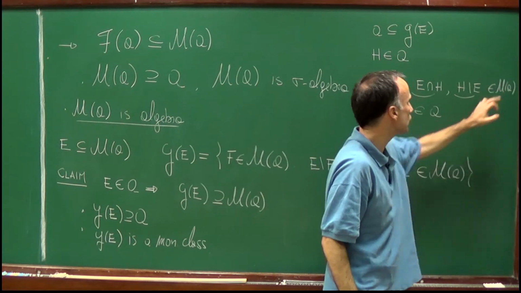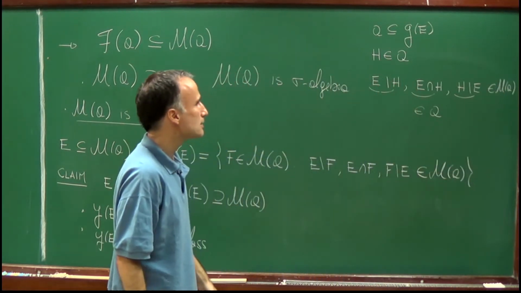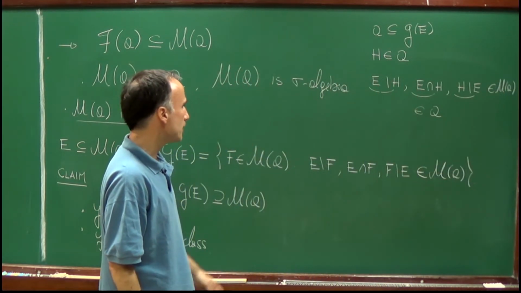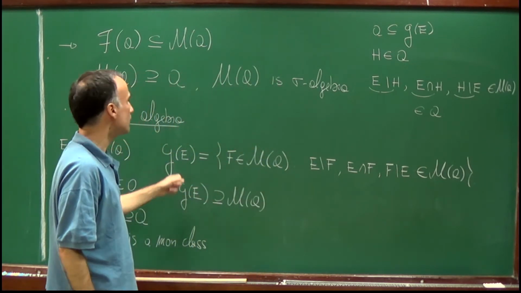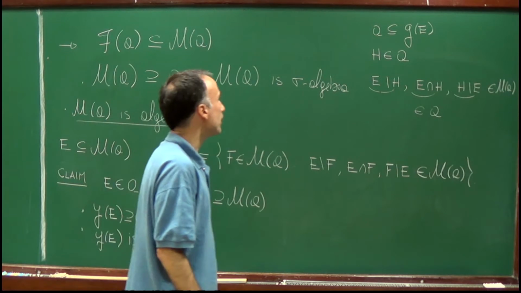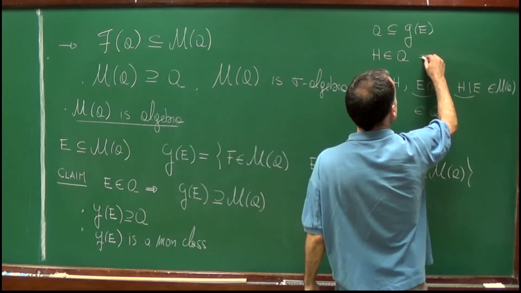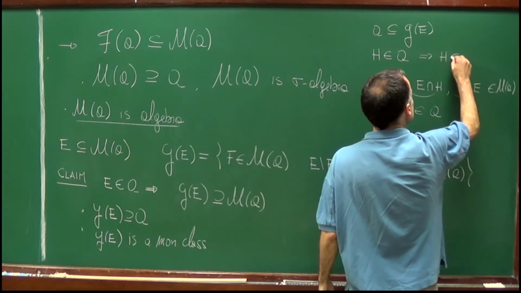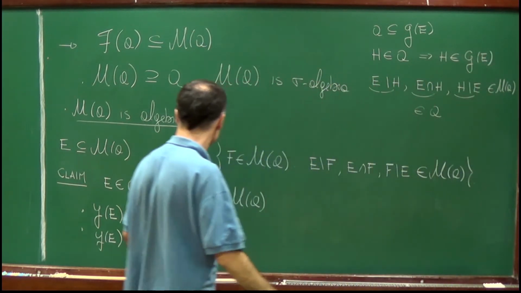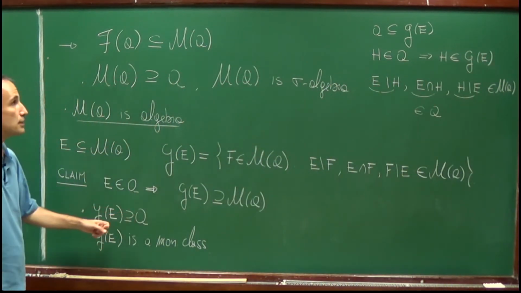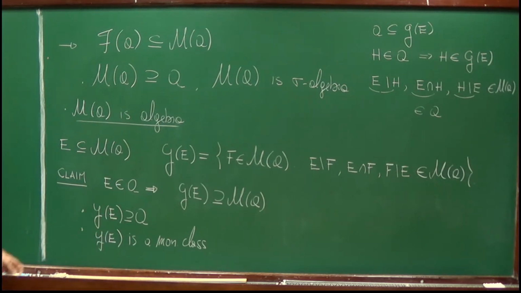Therefore, they all belong to the monotone class generated by the algebra, and therefore H belongs indeed to G of E.